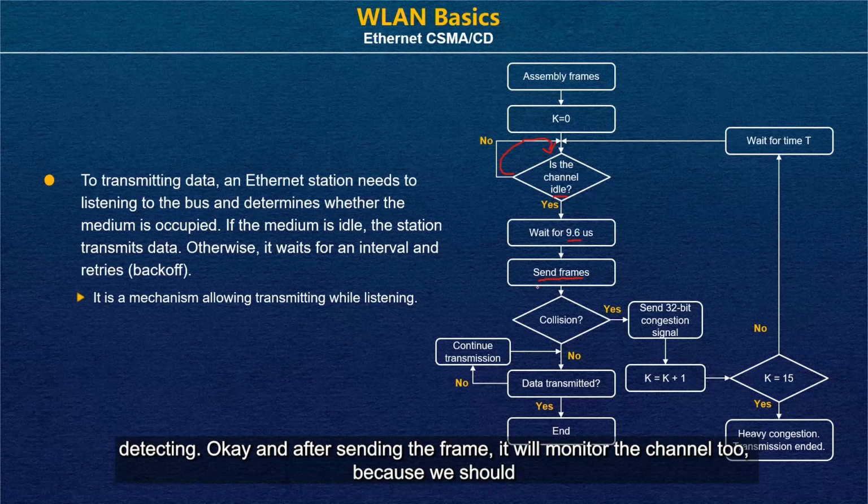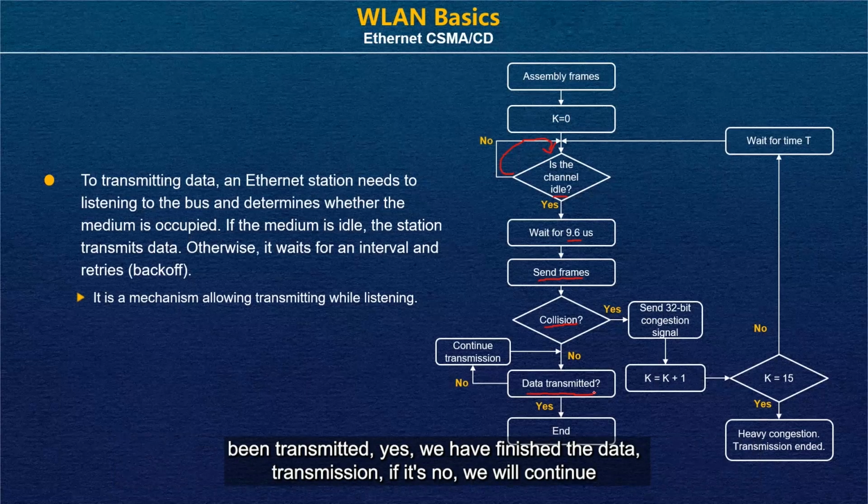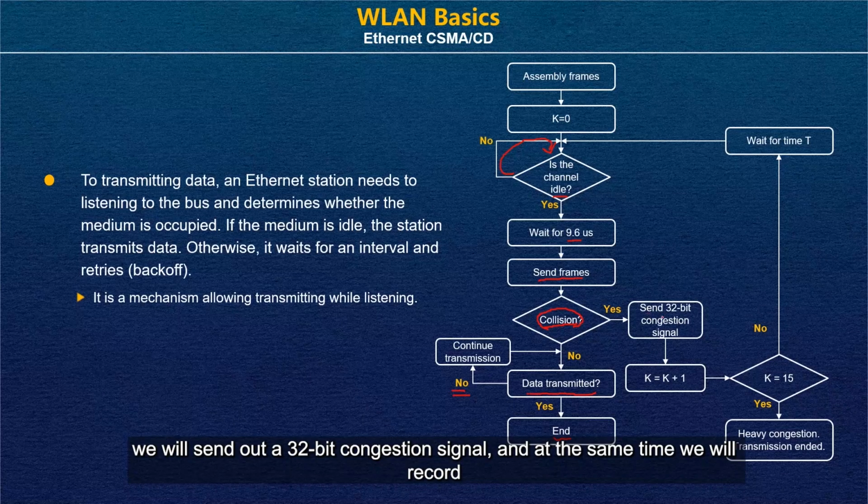Okay, and after sending the frame, it will monitor the channel too, because we should find out whether collisions occurred or not. If no collisions, we should confirm if data has been transmitted. If yes, we have finished the data transmission. If no, we will continue until we finish the data transmission. But if we have caused collisions after sending out frames, we will send out a 32-bit congestion signal.